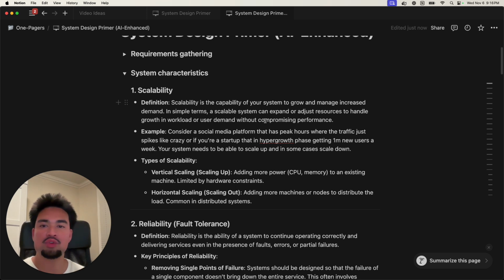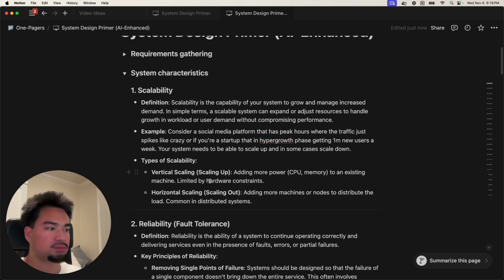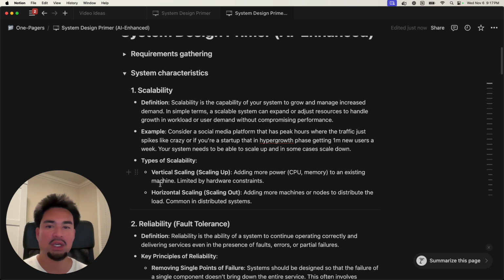And pretty much the two main ways to make your system scalable is first vertical scaling. This is the more simple one that everyone knows. So pretend I have a server and I just have 1 million new users being served. Like I have a server that's hosting Facebook and I just have 1 million new users.